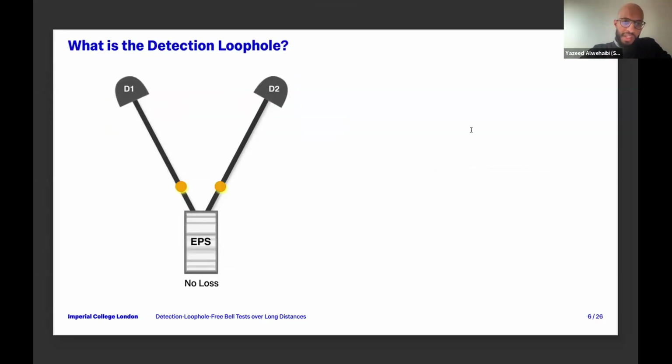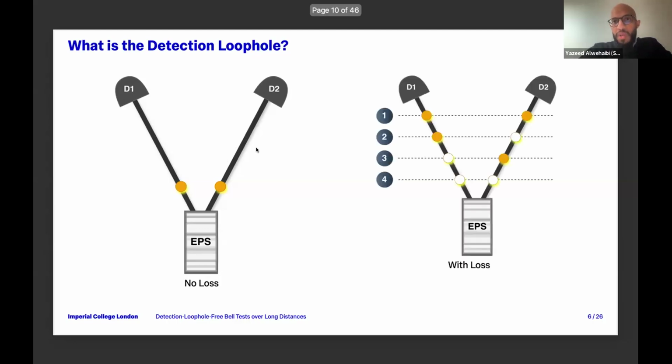So assume we have the entangled photon source in the ideal case where two photons are emitted and there is no loss in the channels. Then we expect two detections in the detectors that are in the paths of these photons, because the channels are lossless, so each detector will register a photon. Now, in reality, because the channels are actually lossy, there are all these different possibilities.